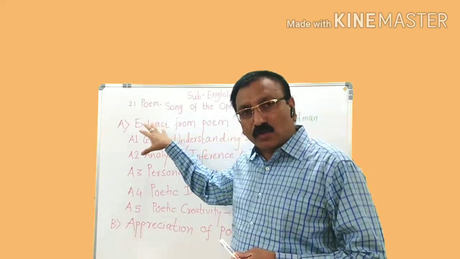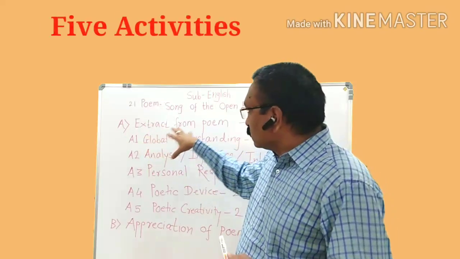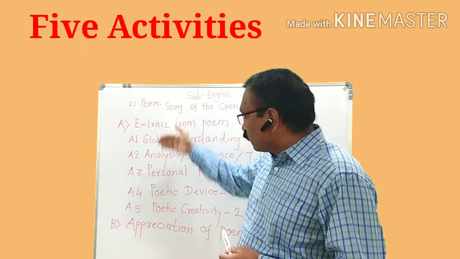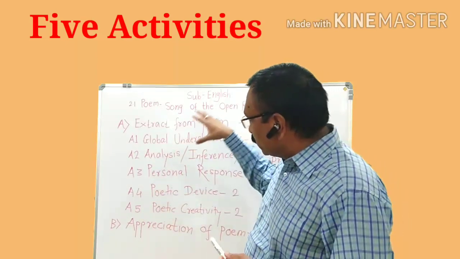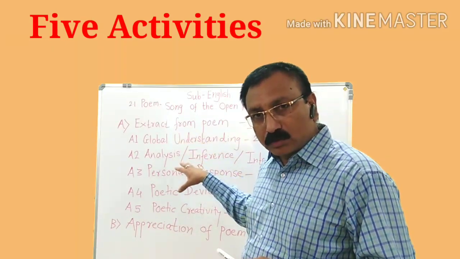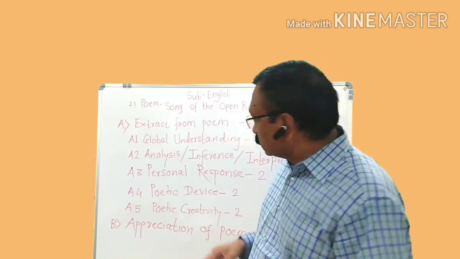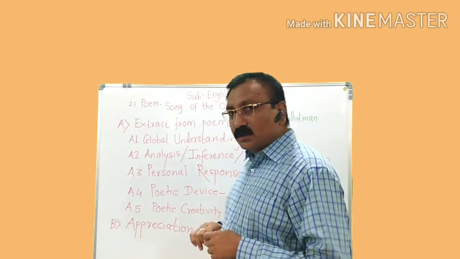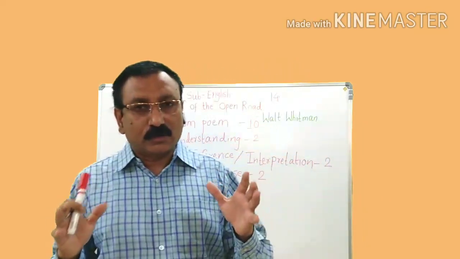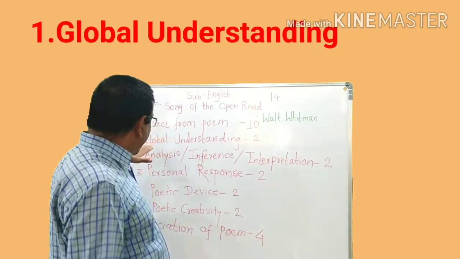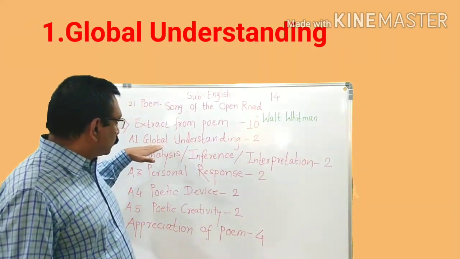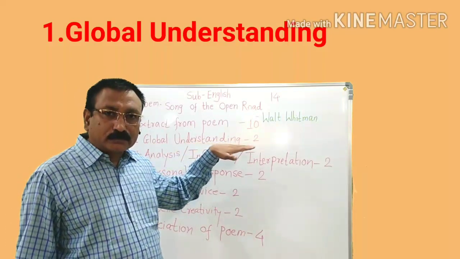The question that is based on a poem will have 5 activities. I have already written the activities on the board for your information. Let us see which are these 5 activities. The first activity is global understanding.